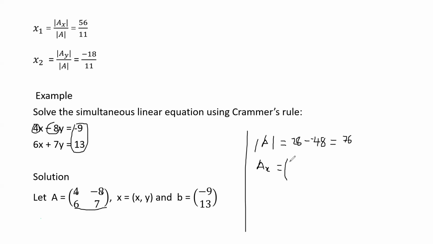So it will be negative 9, 13, and then the second column will be negative 8, 7. If you are doing it with X, we replace the first column by this B here, and then you continue.